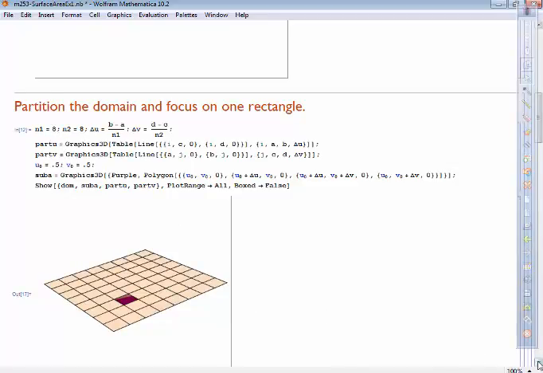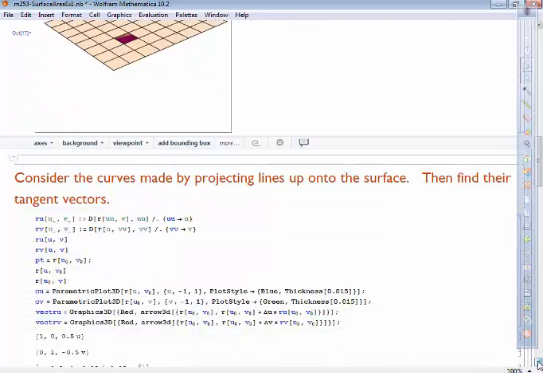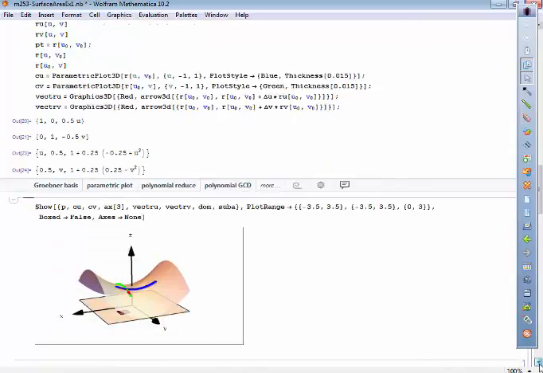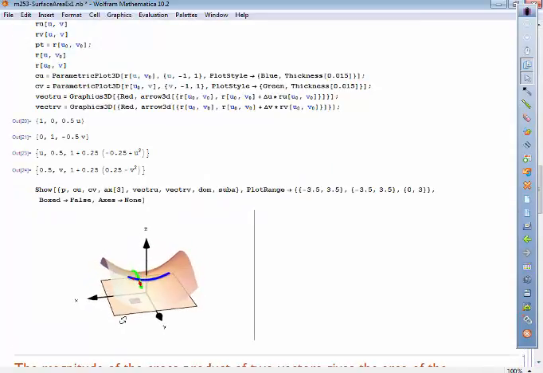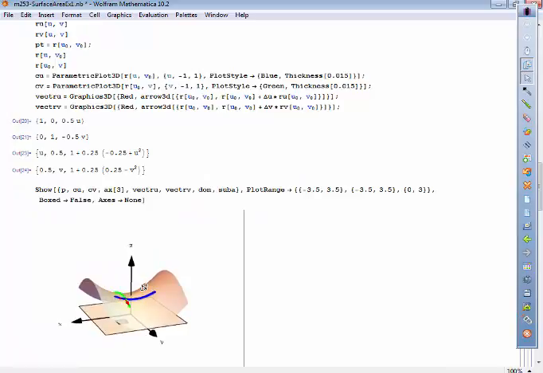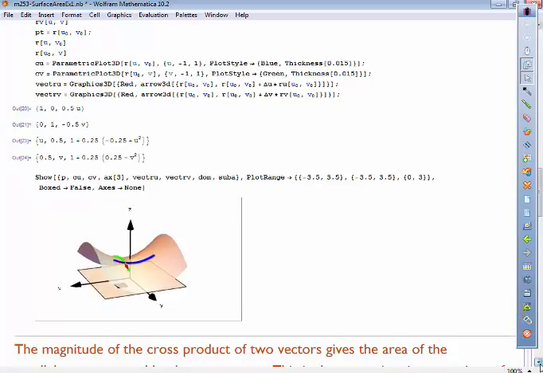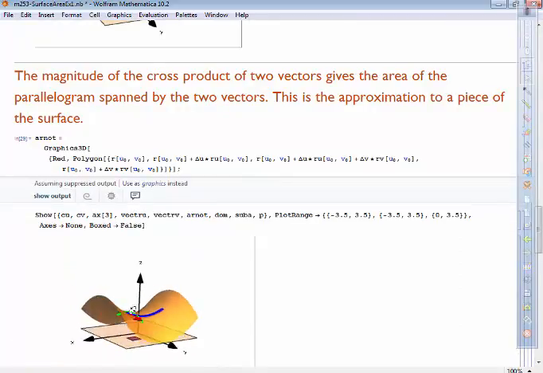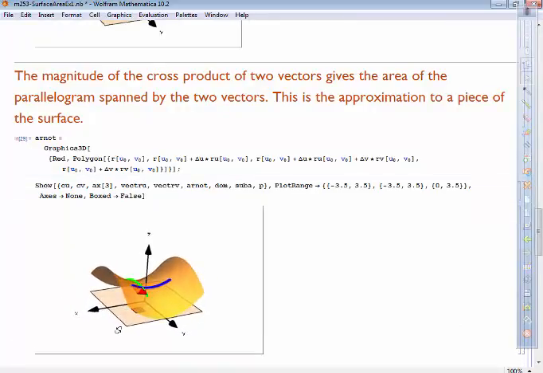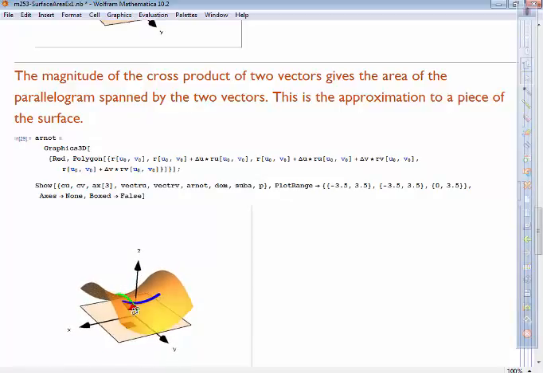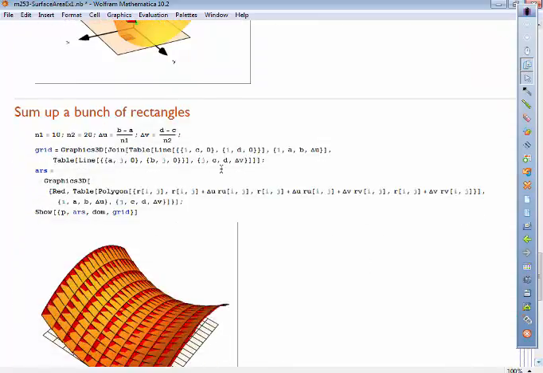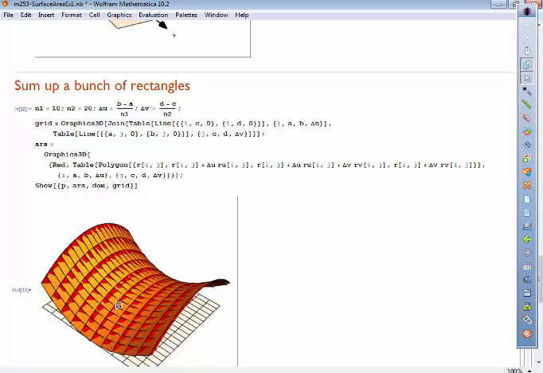We're going to go 8 by 8 on that saddle surface. And then here are your tangent lines and tangent vectors, your curves on the surface and your tangent vectors. It's hard to see, but there's one little square there. And if you get a whole bunch of them going, you get this.